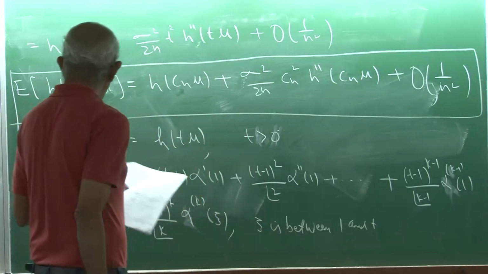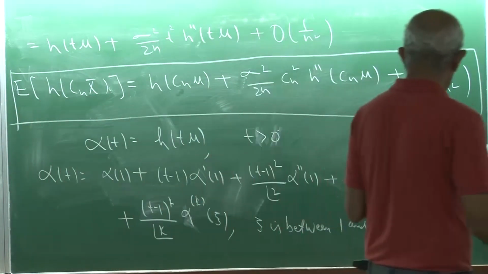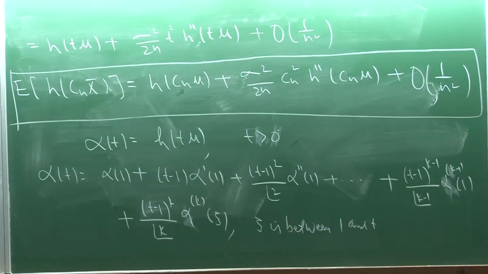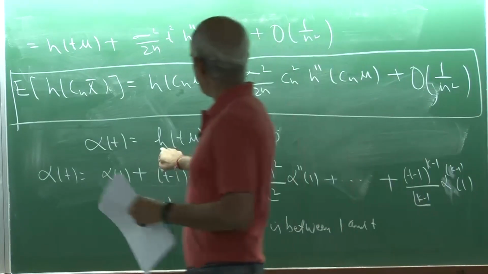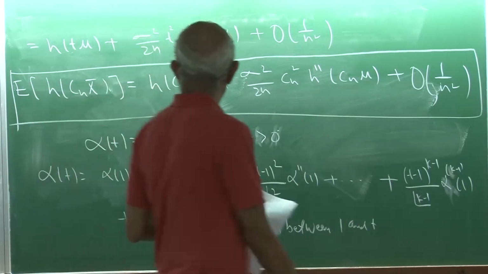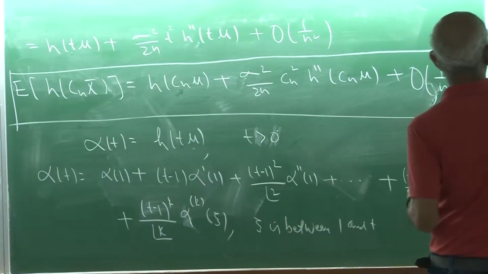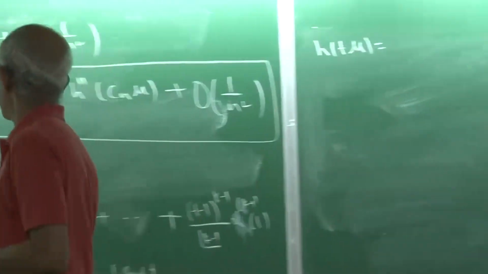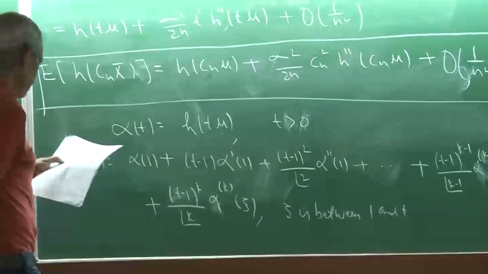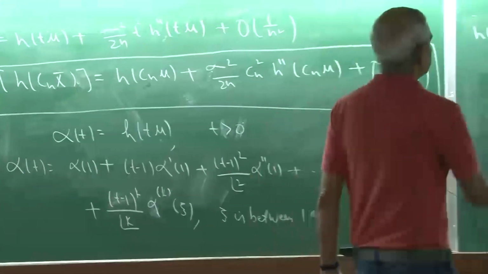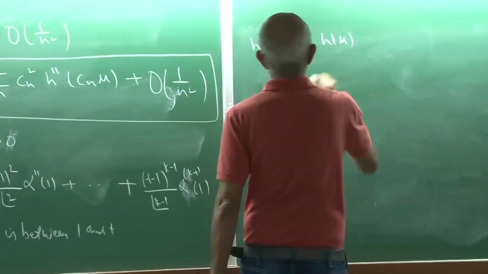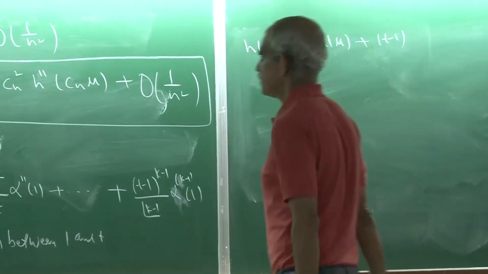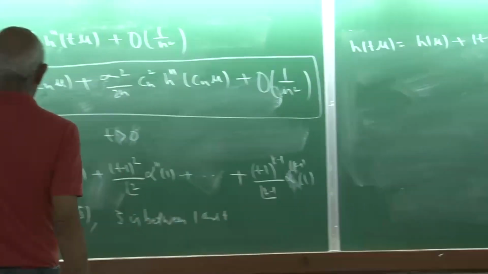So what do you get from here? Alpha t I have put as h of t mu, so that means h of t mu is the same as alpha of 1, which is h of mu, plus t minus 1 alpha prime 1.